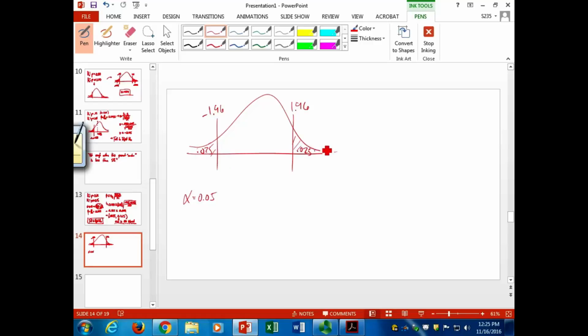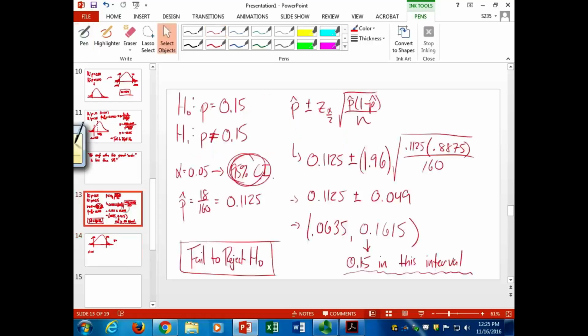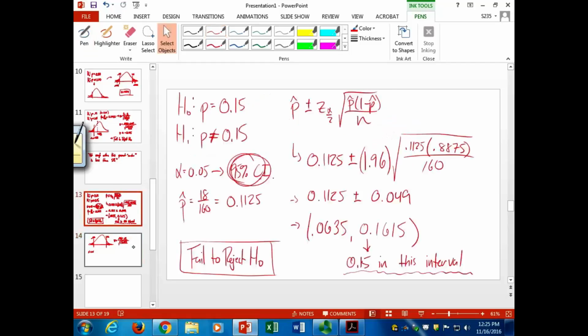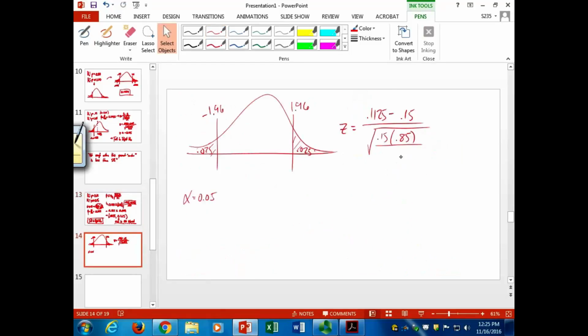Yeah. And then if you calculate your z value, that would be p hat minus the claim all over the square root of the claim times one minus the claim over n, which was 160. Right? And you could get a z value. I get 1.33. So a z value of about 1.33 or so.